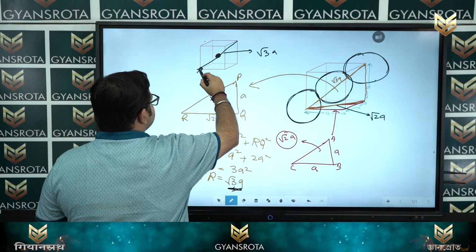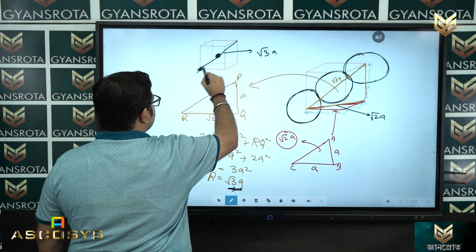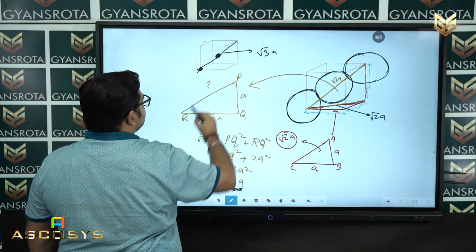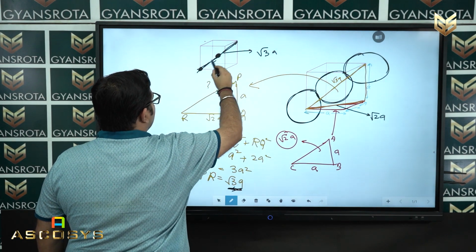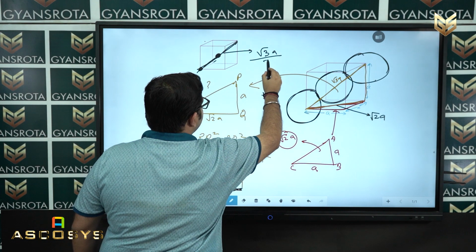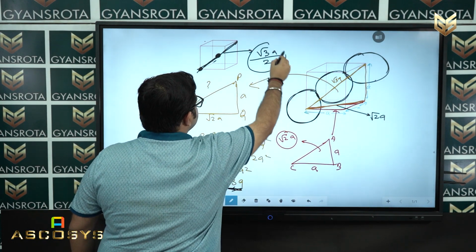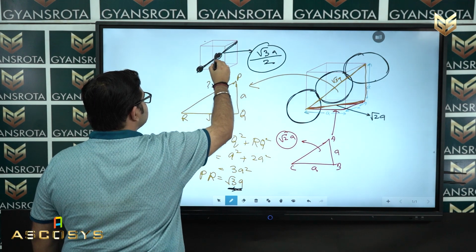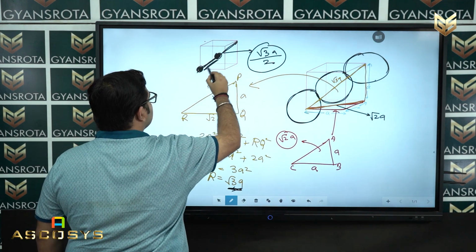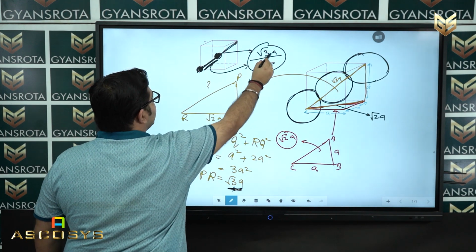They ask what is the distance from the corner atom to this body centered atom. Now see, this is completely root 3a, we need only this, meaning this one is divided by 2. So, this is the distance between this corner atom and this body centered atom, only this amount. This is nothing but root 3a by 2.